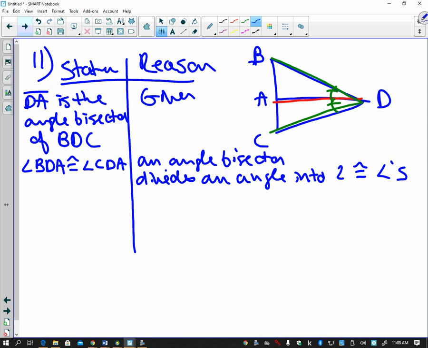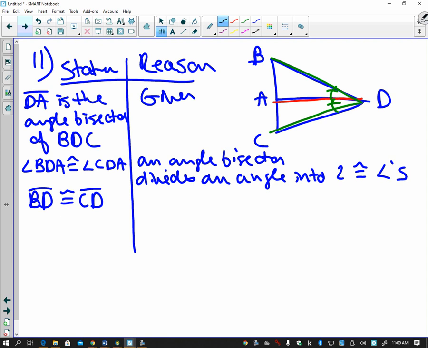Does that make sense? That's where a lot of people mess up, they think, well, we just know this. A proof is like explaining Algebra 3 to a fourth grader. My justifications have to go every step of the way. Then the next thing they tell you is that BD is congruent to CD.